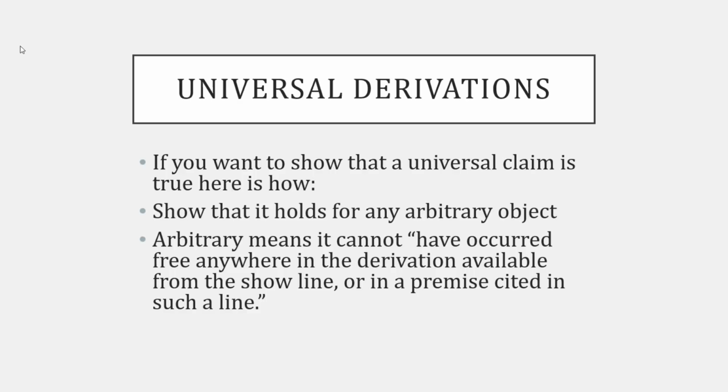So for a universal derivation, we say, for any arbitrary object, let's call it x, such and such holds. And if you've shown that it holds for any arbitrary object, then you've shown that it holds for all objects. Therefore, for all x, and so on. That's the intuitive version of this.